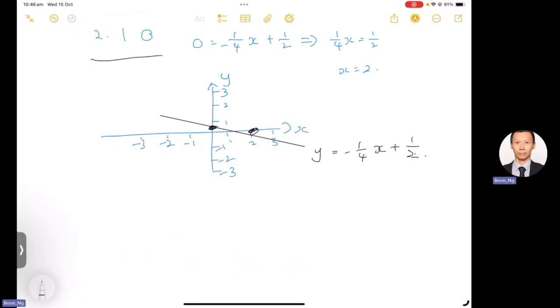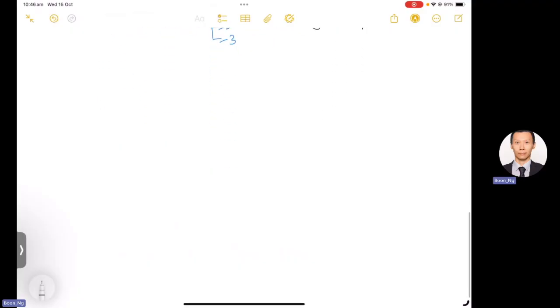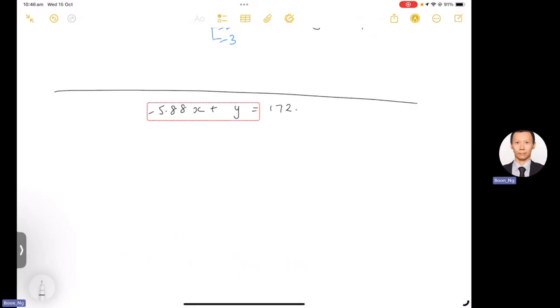All right. Next will be the last example. The last example is we are given a function which is minus 5.88x plus y equal 172.3.